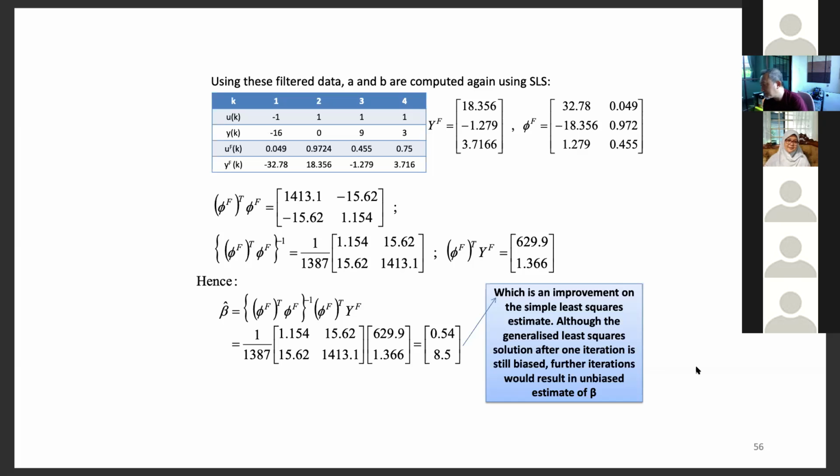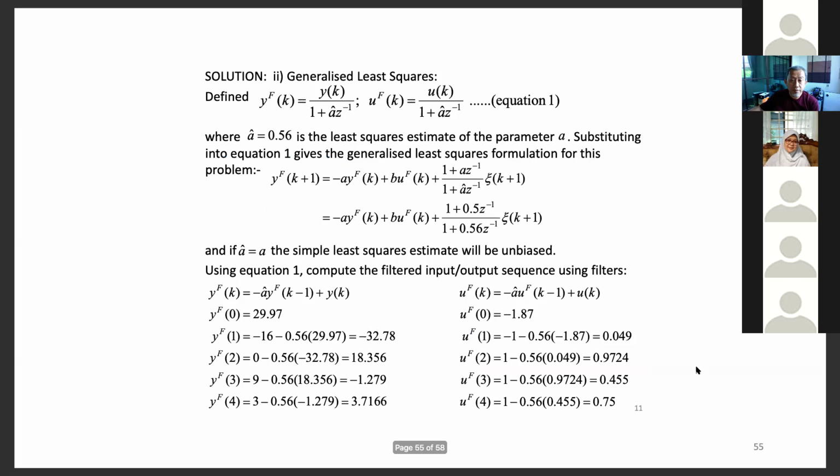Prof, for the next step, if I want to get more convergence, the initial value of the filter of the output and input will be the last value from the previous step? Yes, like this. It goes here.